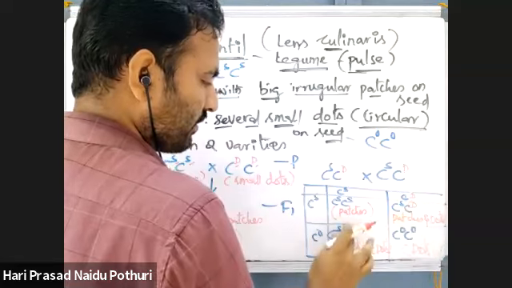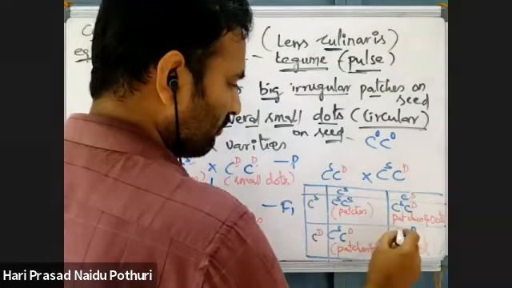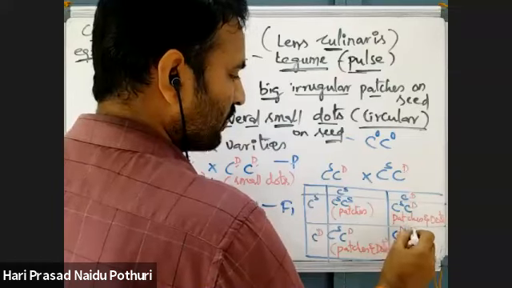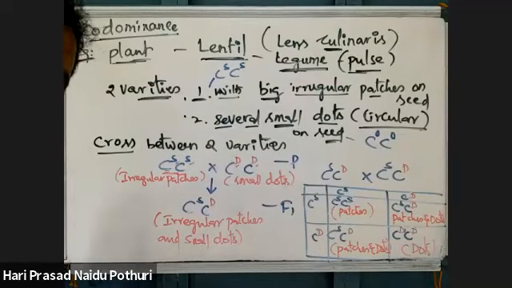CD, CS. CS means spotted seeds. CD means dotted seeds. Okay, that is about codominance.